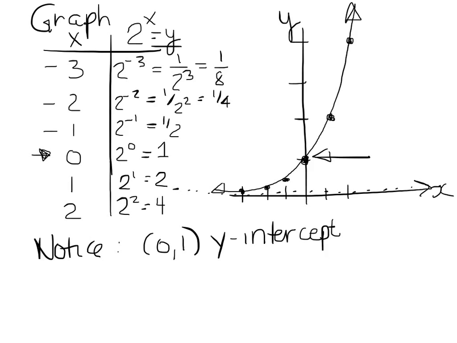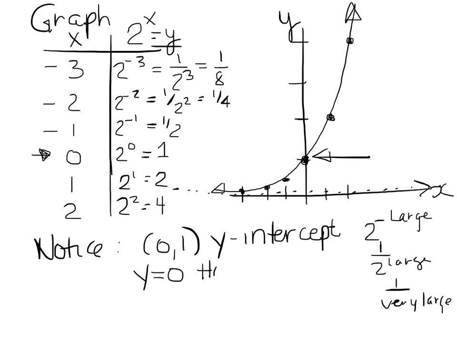If you had, let's say you had 2 to the negative large number, so we're talking about the left end behavior, well, that would be 1 over 2 to the large. So that would be 1 over a very large number, which will get very, very small, but it will never be 0. So that's really our definition of a horizontal asymptote. So what we have is y equals 0 is a horizontal asymptote. And that's a key feature of this graph.